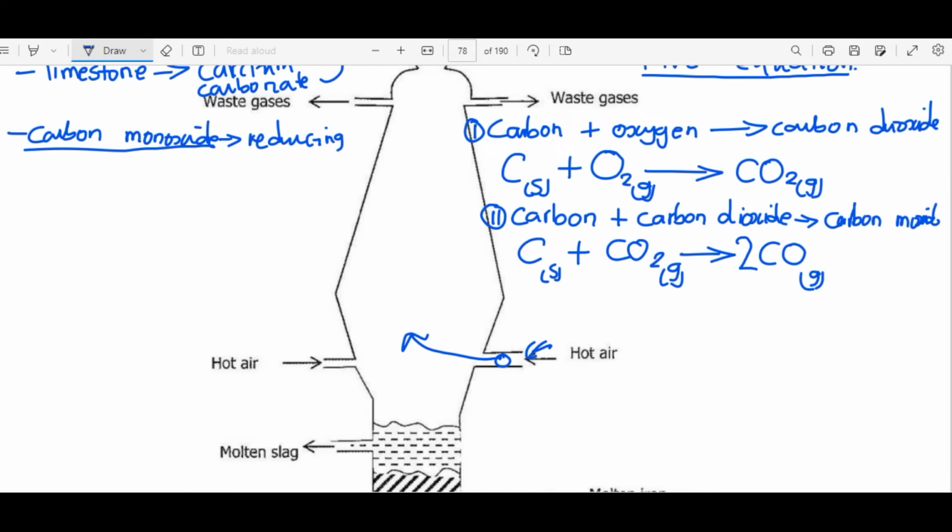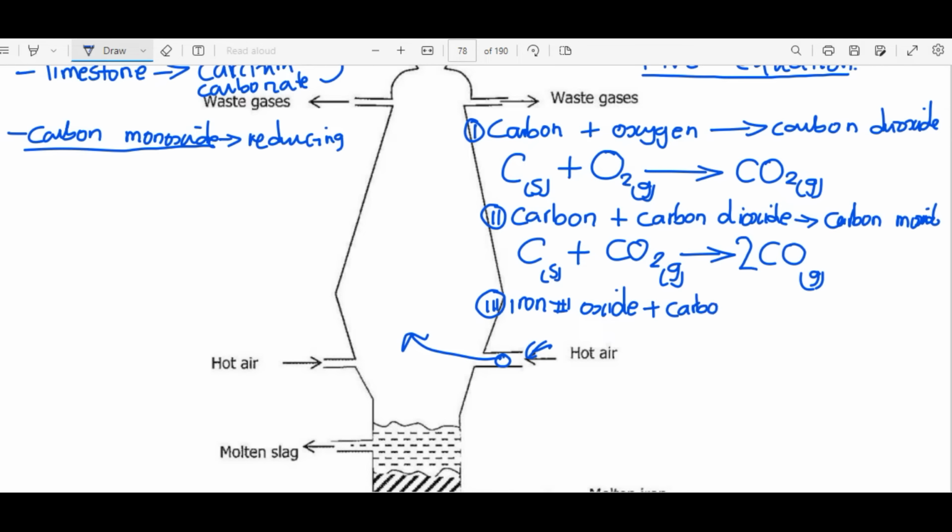Now, stage 3 is the most important reaction or stage because it summarizes the extraction of iron. So what is this stage? So let's look at this stage. Here we have this iron 3 oxide. This iron 3 oxide is now reacting with the carbon monoxide.